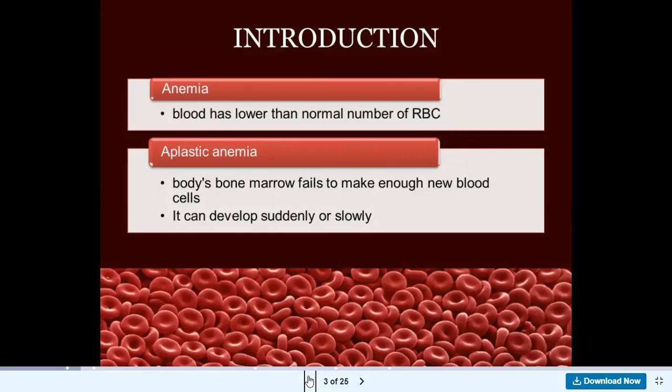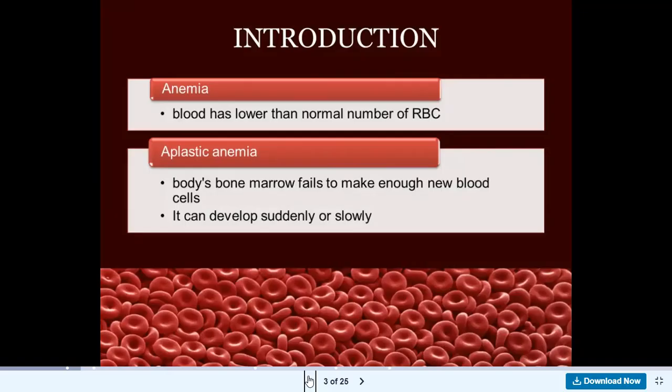Then we said infections like bacterial and viral infections, hepatitis, parvovirus B19, Epstein-Barr virus could also lead to destruction of the bone marrow. Then we said chemicals like some organic solvents, organophosphate compounds, and carbamates could destroy the bone marrow.